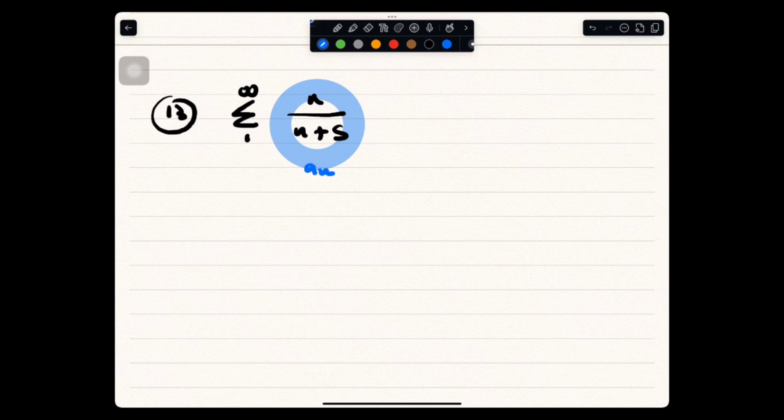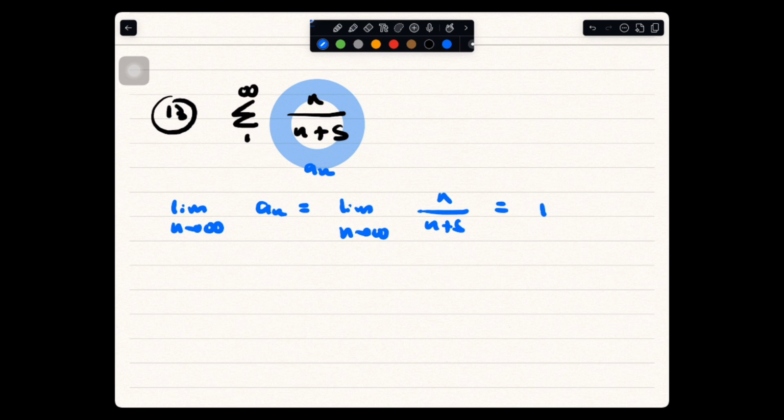Notice you can't use partial fraction decomposition here. It's not geometric. So let's look at the limit of an, which is the limit as n goes to infinity of n over n plus 5. Do you guys know what that limit is? That's 1, and that does not equal 0.